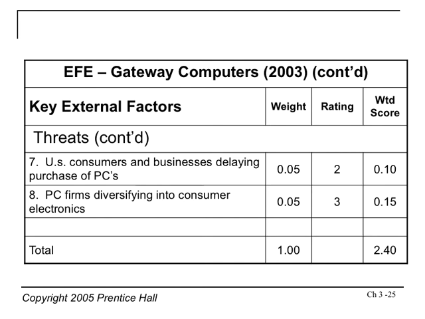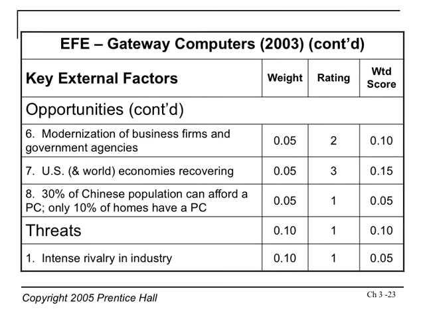So when you allocate a weight and then a rating, you come up with a weighted score. When you have weighted scores, the ratings can be the same, but the score varies.